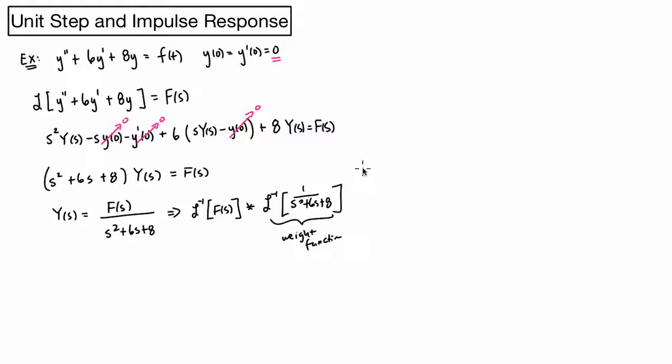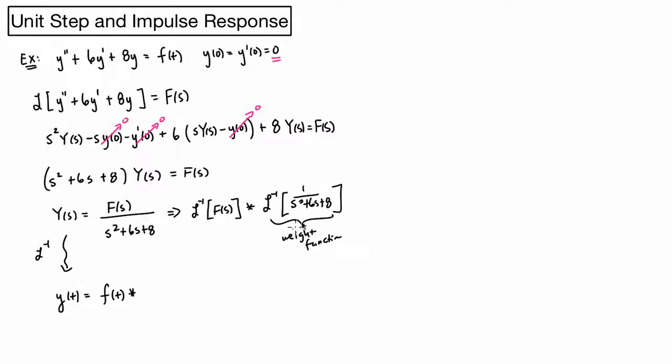Well, if we just continue this problem out, we know that the inverse transform of Y of s would be little y of t, and based on what we have here, this would just be f of t convolved with whatever the inverse transform of this is.